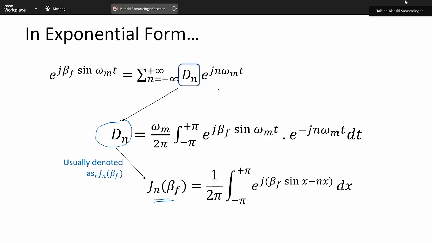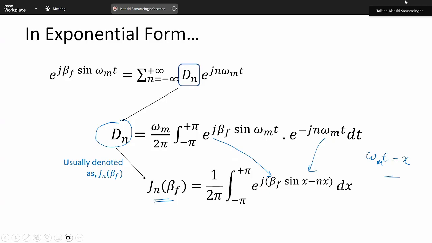So the two exponential terms are combined like this. I'm writing omega_m t as x, so that we can integrate with respect to x.